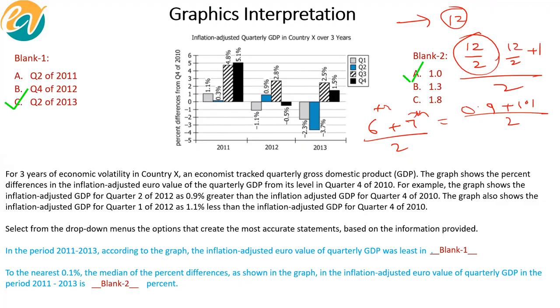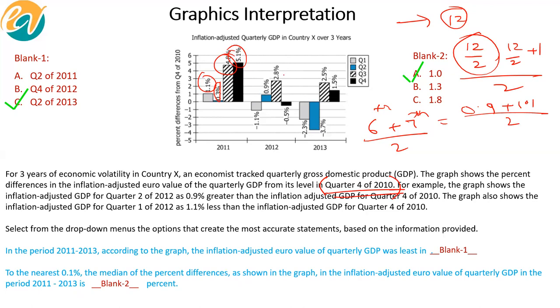Are we clear? So I think the most important point for this question was to realize that each of these values is with respect to a static value, which is the GDP in Q4 of 2010. So that actually makes things very easy. It's not quarter on quarter, right?